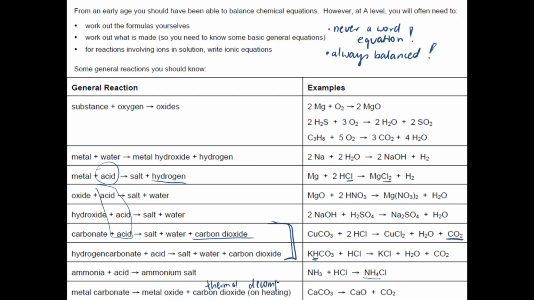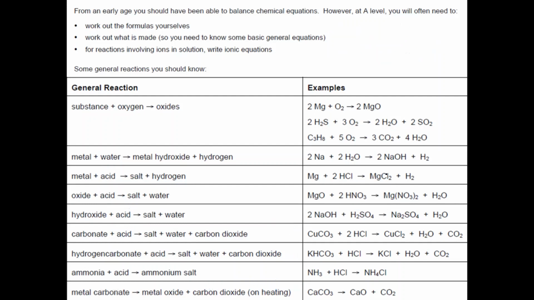So when you heat up a metal carbonate, it can decompose to metal oxide and carbon dioxide. So these are general reactions. We're not going in this unit into whether a reaction will happen or not. For example, not all metals react with water, but we're just looking at equations at the moment. Okay, so you need to remember these patterns.